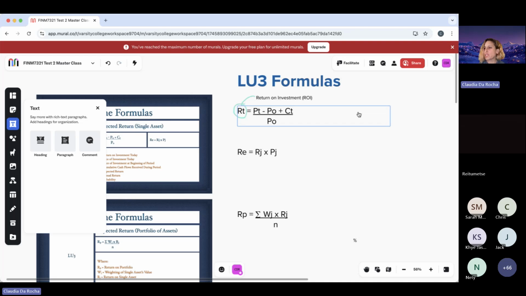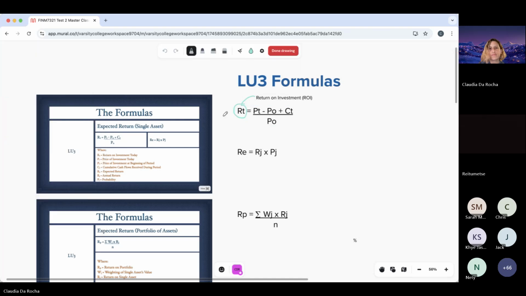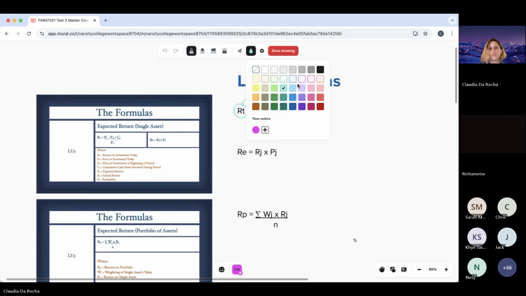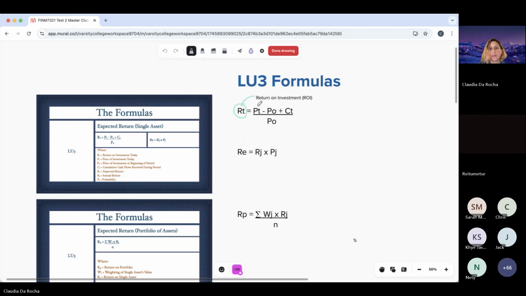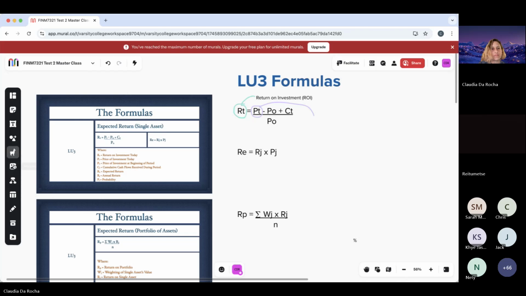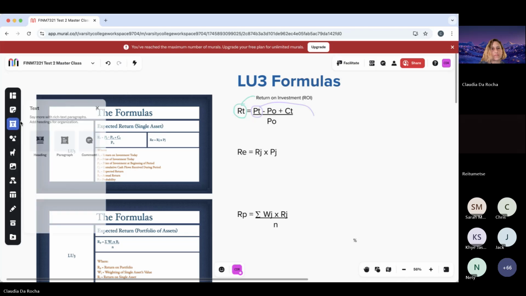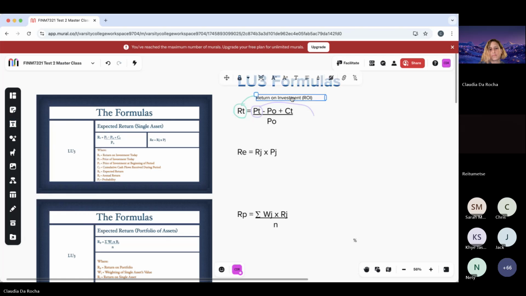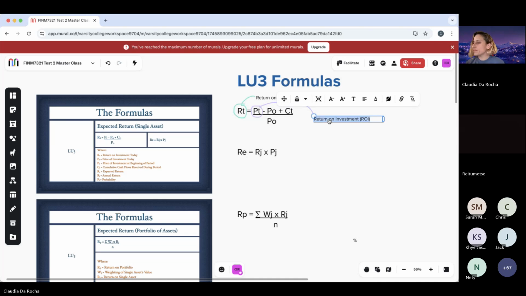Okay, then we have the different elements. Okay, so this is the price of your investment today.